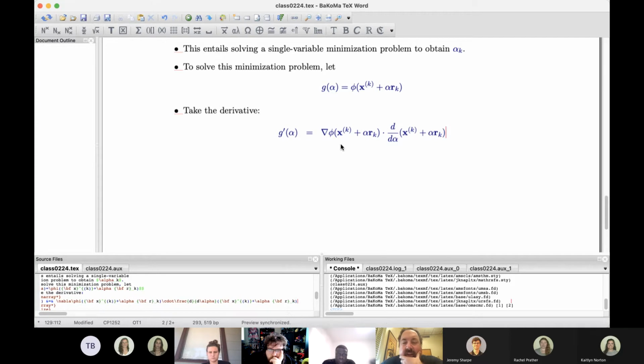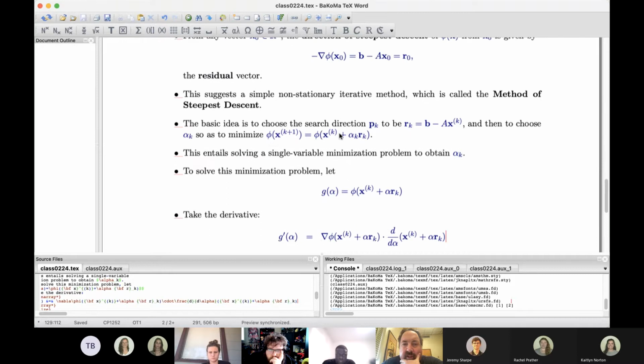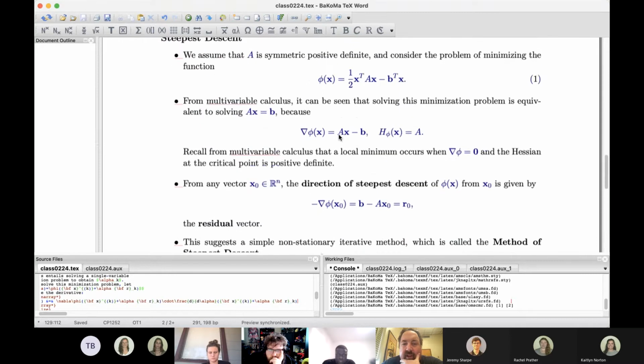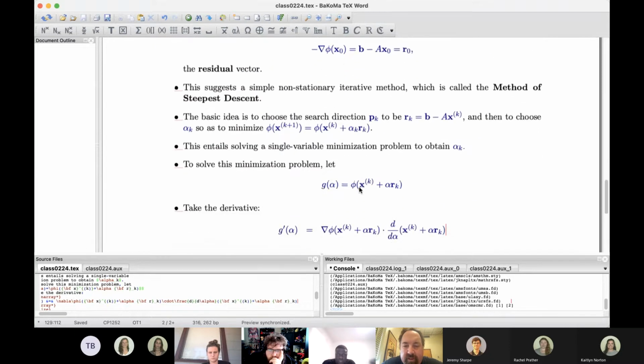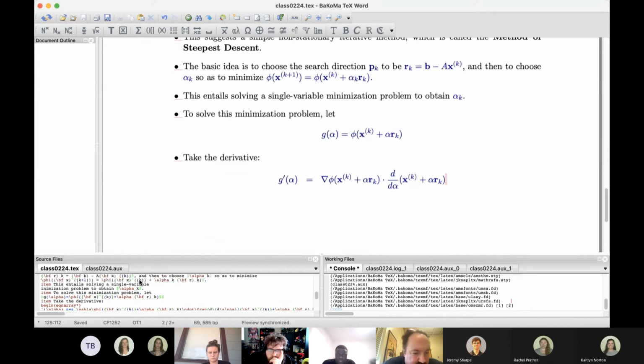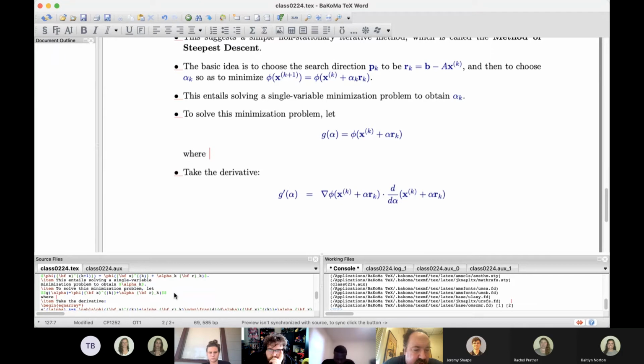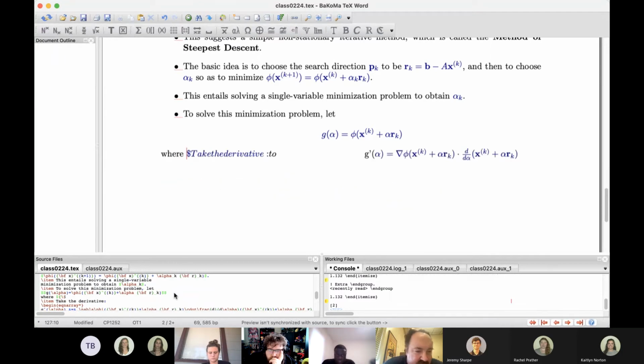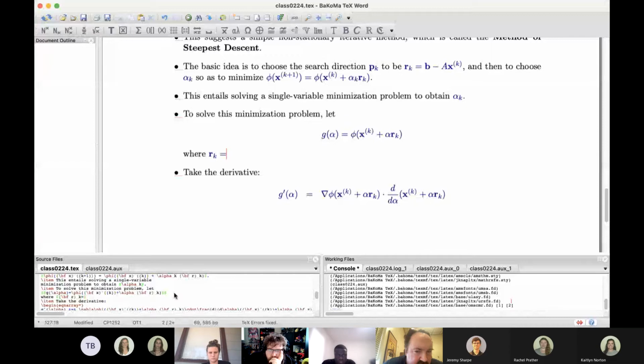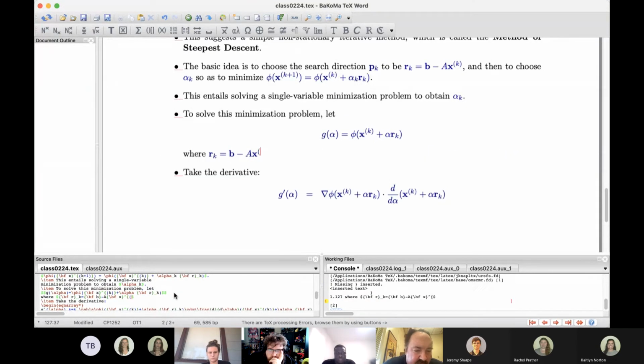Now, for gradient of phi, well, that's given up here. It's Ax minus b. Oh, before I continue, I have a definition stated earlier, but I want to have it right here. The definition of rk, because I'm going to need that in a little bit.